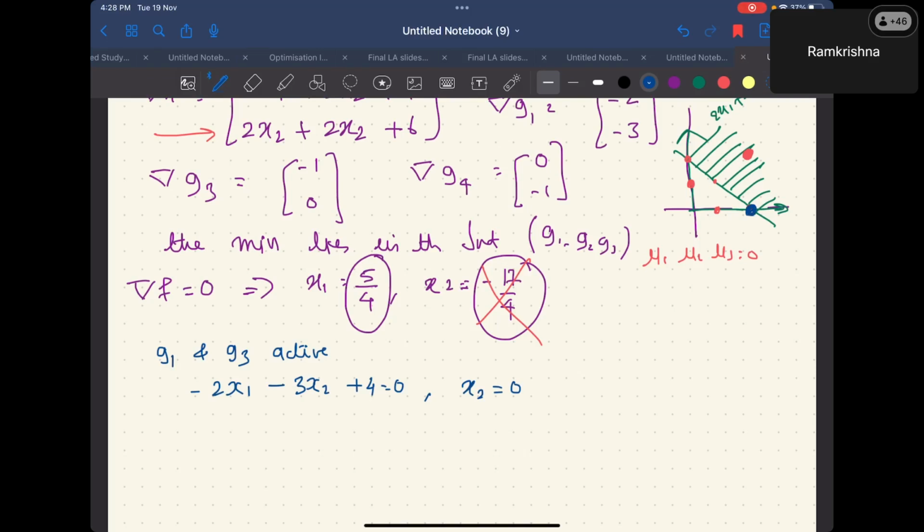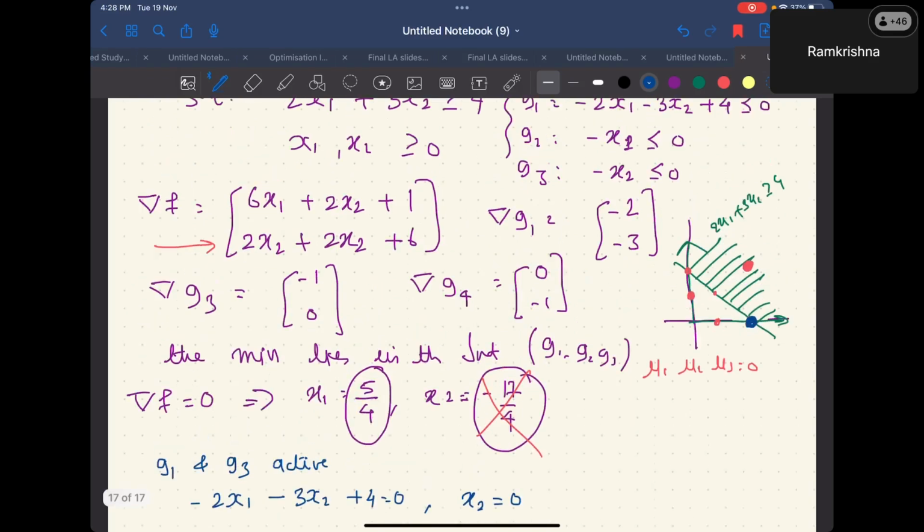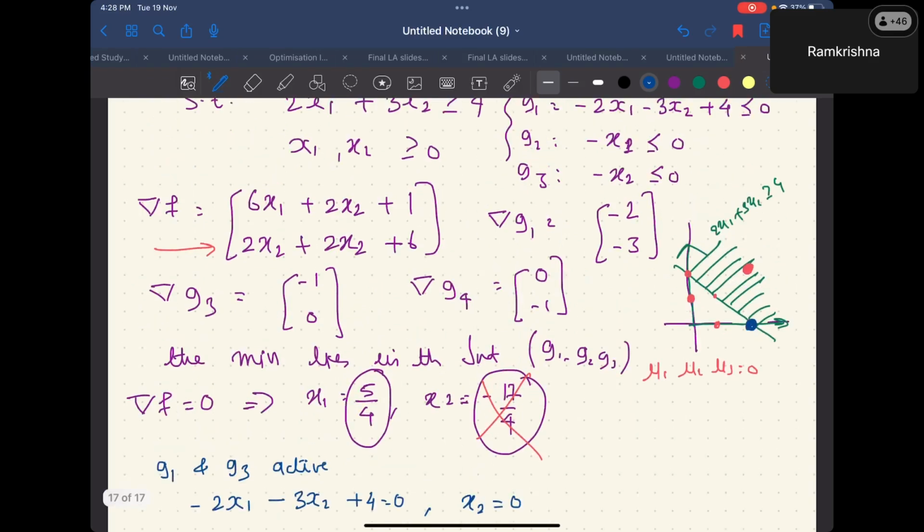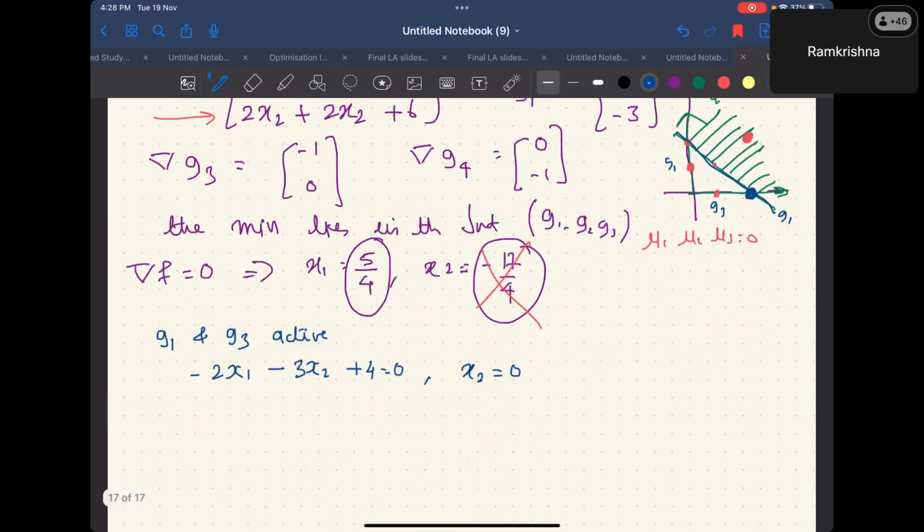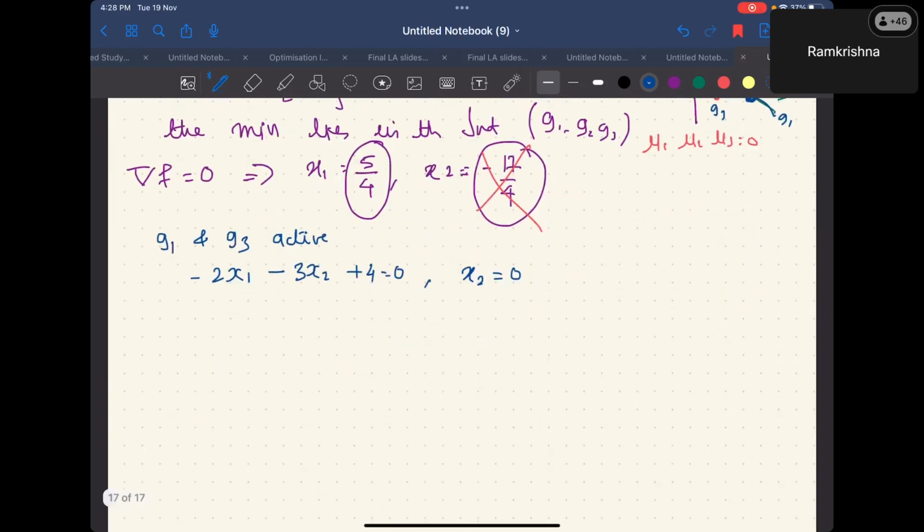So this line is my G1. X2 being equal to 0, this is G3, is it correct? And then this is G1 and so on. Okay, so if I have these two constraints that are active, then what happens?